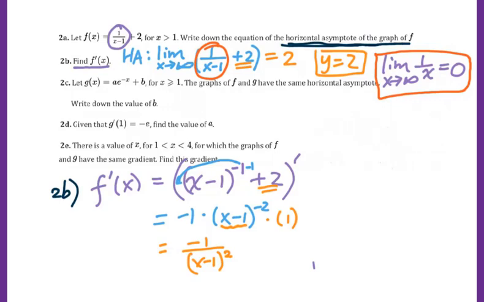For 2c, let g(x) equal this, for x greater than or equal to 1. The graphs of f and g have the same horizontal asymptote line. Write down the value of b. For this g(x), I can write a over e to the x power, then plus b.